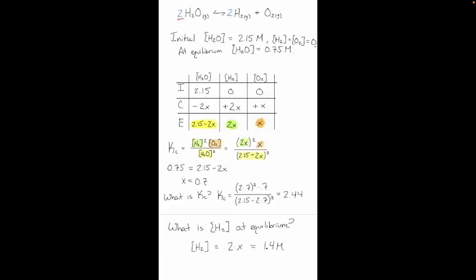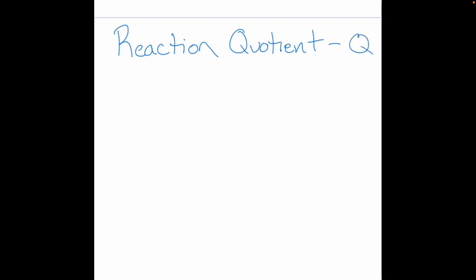Now we're going to introduce what's called the reaction quotient. Okay. We use this uppercase Q for our reaction quotient. So let's just take our simple example that we've been using.